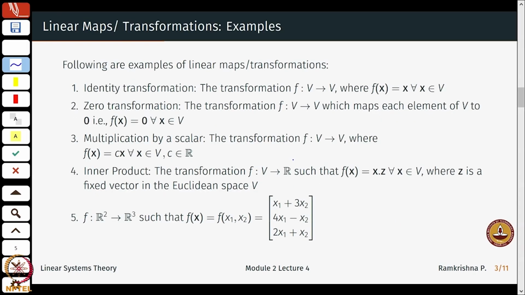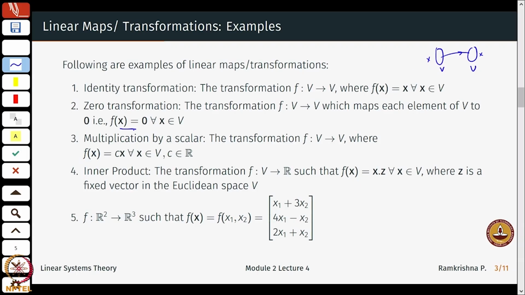So, what are a few basic examples? One is the identity map, where I just start from x. So, I have say both my domain and codomain are V. I start from my x and then I come back to x, like the identity map, and it's really trivial to check the properties of superposition. Second is a zero transformation, right, that f of x maps to 0.